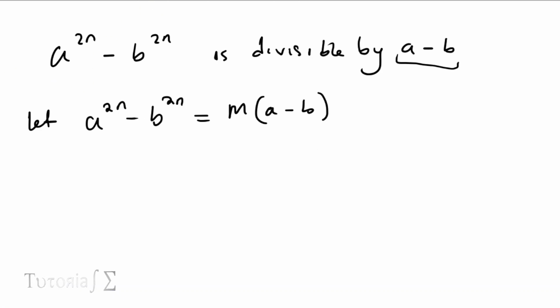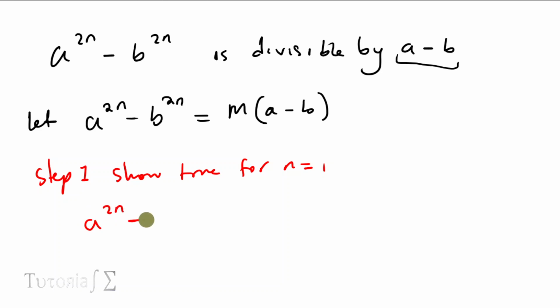So again, 3 steps. Step 1, show true for n equals 1. We have the statement a to the power 2n minus b to the power 2n equals m times a minus b.